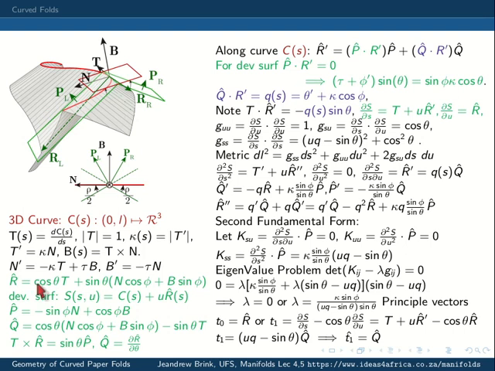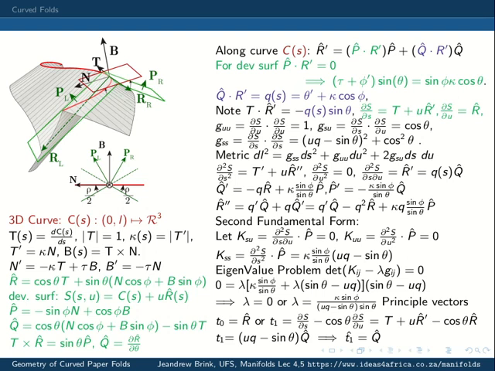Okay, so R is cos theta T plus sine theta bracket, n cos phi and b sine phi.